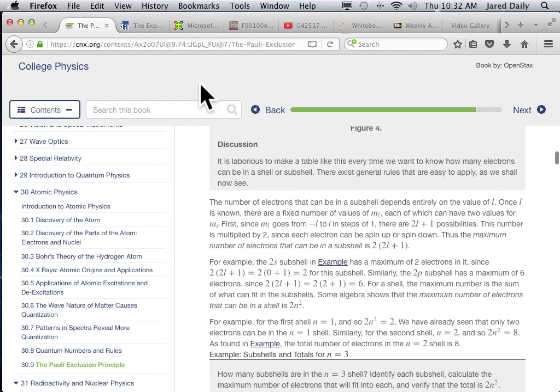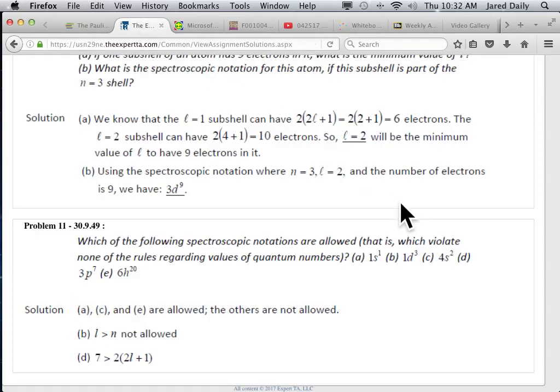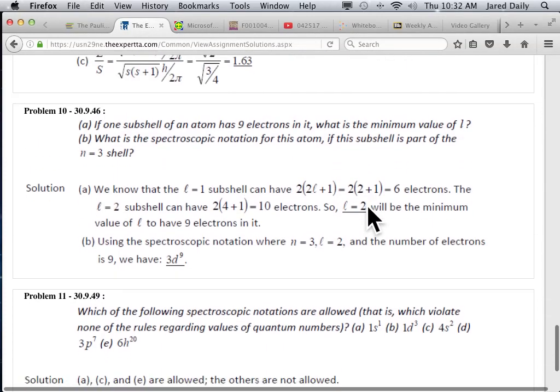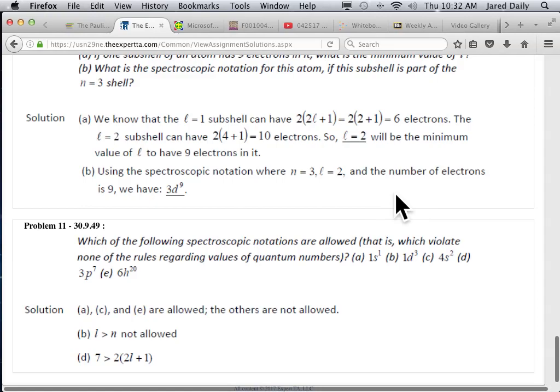But let's take a look at that actual problem and see what we've got there. So, was it 11 we're doing? That's right. So 1s1 is allowed because S can have 2 in it, and we're in the first state. 1d3, can that one be in there? Why not? The D is impossible to make.